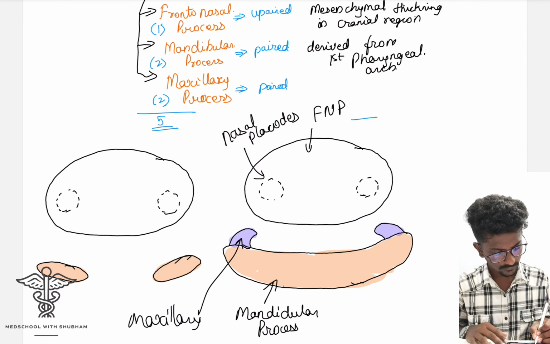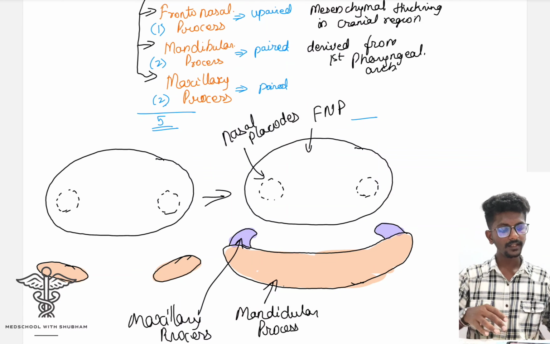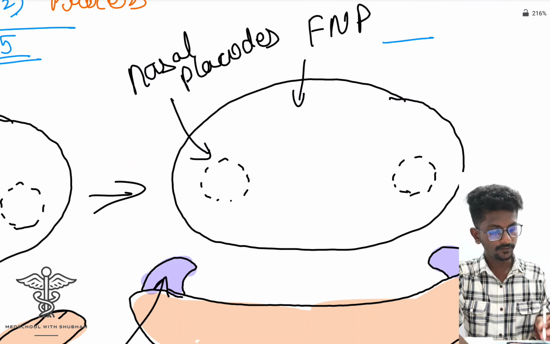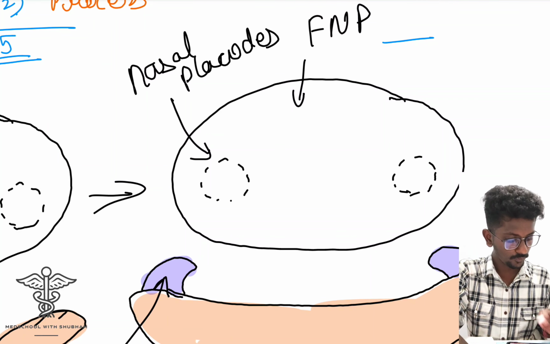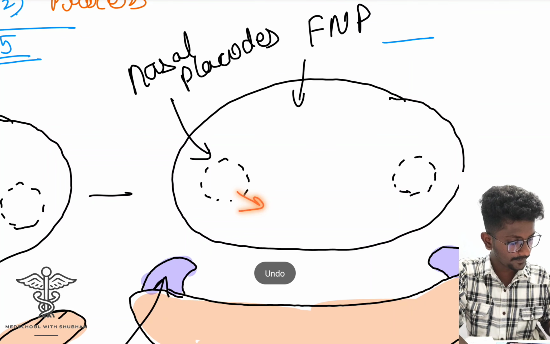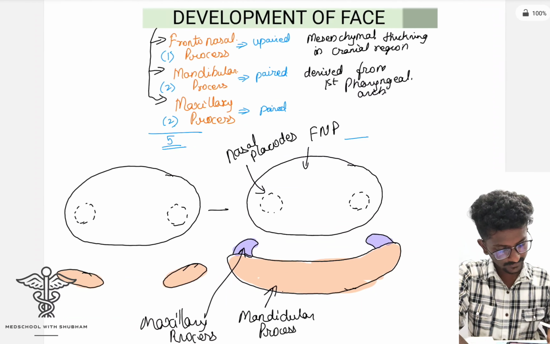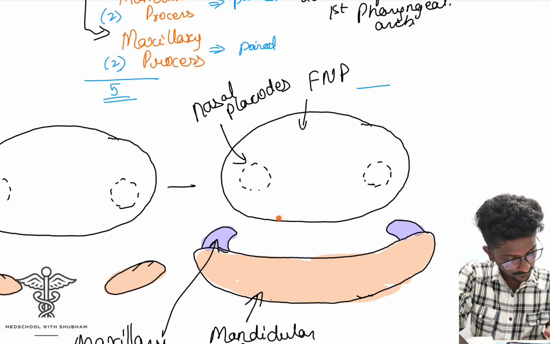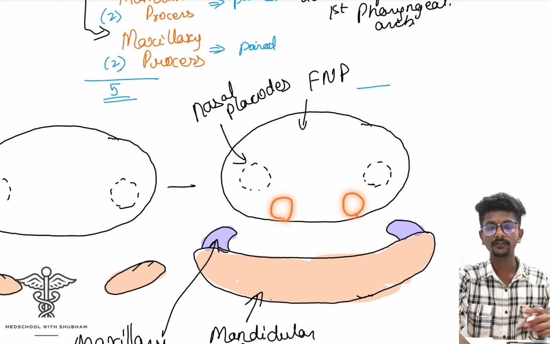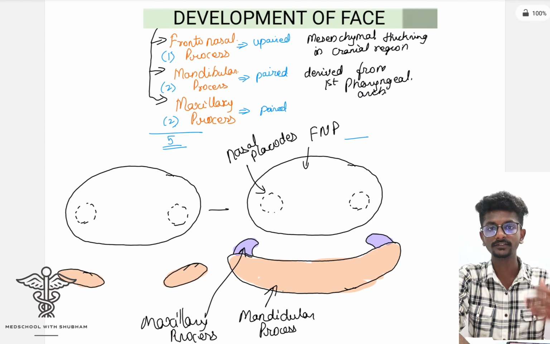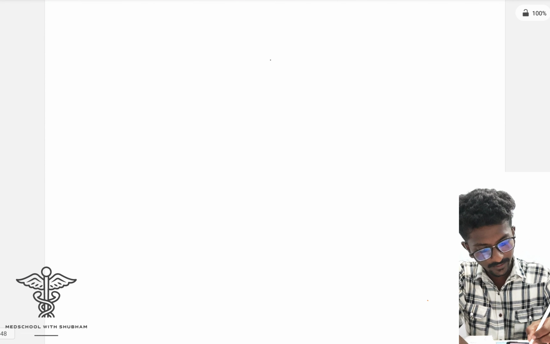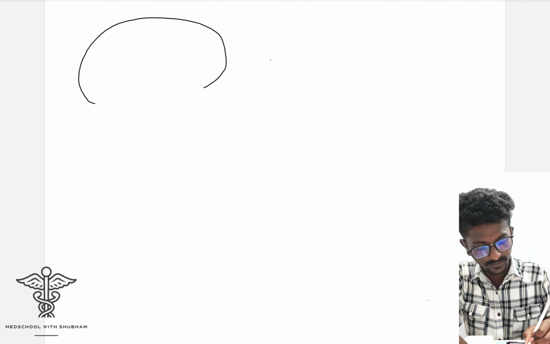Okay, now what happens in the next step? The nasal placodes start developing even further, and then they will come a bit medial. They will start coming medially. Now we can get these nasal placodes over here, and now these nasal placodes develop even further, and now we will get a structure which is like this.